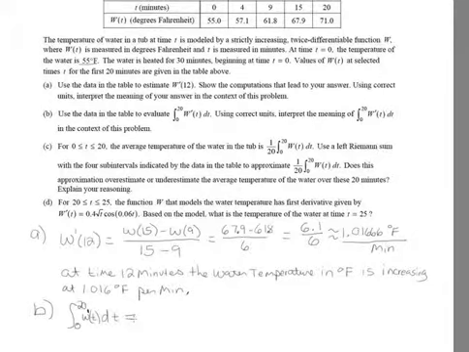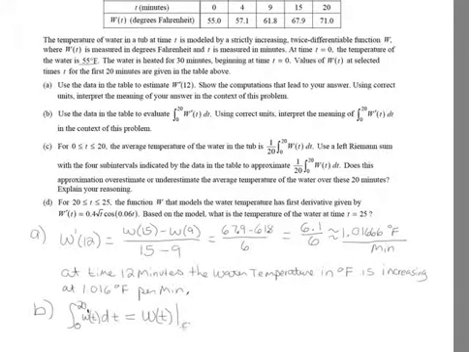Some of you might be confused at this point, trying to decide what to do, because the table gives the value of W, not W prime. Well, let's look at this integral. They're clearly saying, let's find the antiderivative of W prime. We know that the antiderivative of W prime would have to be W, because that's their relationship.